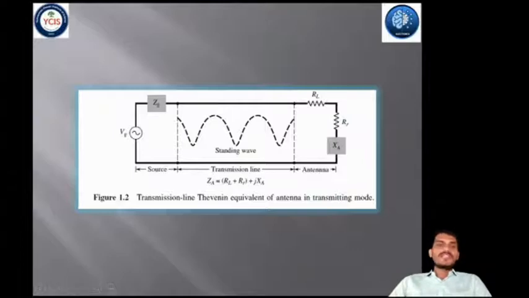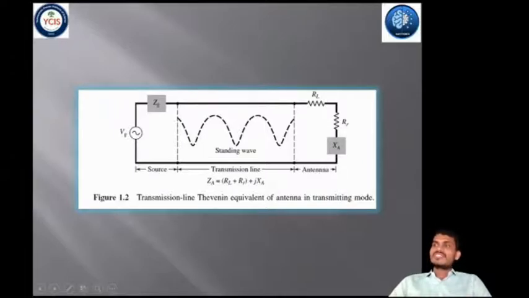In this particular figure of transmission line Thevenin's equivalent of antenna in transmitting mode, this standing wave can be reduced and the energy storage capacity of the line minimized by matching the impedance of the antenna to the characteristic impedance of the line. That means impedance of antenna and impedance of this line should be matched to each other.